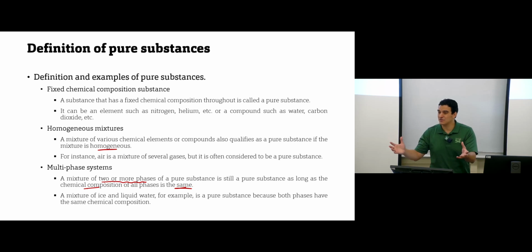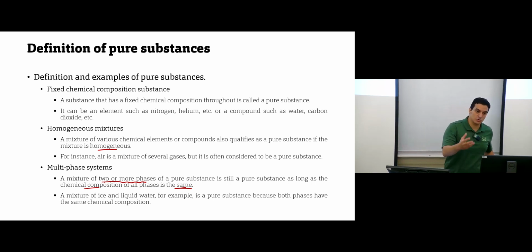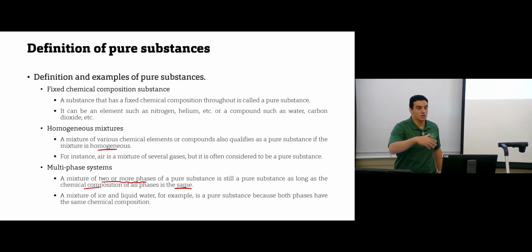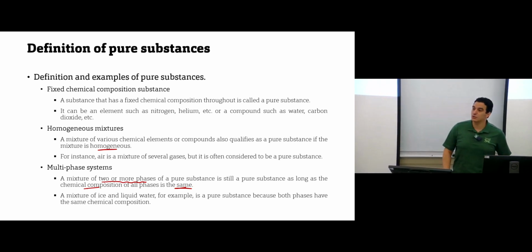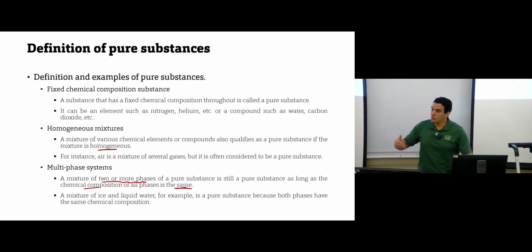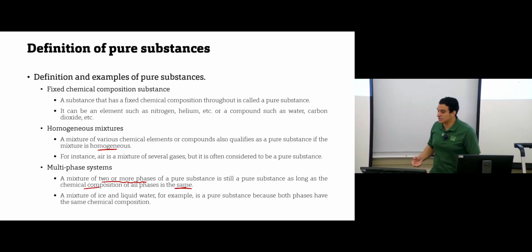We just have a difference in the phase, but the composition is the same. So even if you have a mixture of ice and water existing together, you can consider both of them as a pure substance because they have the same composition. They have different phases, but the composition is the same. Okay, so any one of these cases can be considered as a pure substance.